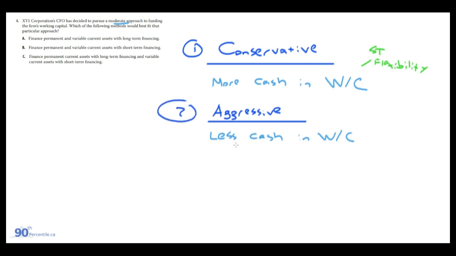On the opposite end of the spectrum, we have an aggressive approach, where a company holds the least amount of cash possible in working capital. So less cash on hand, less inventory, less accounts receivable, less AP. The whole idea is that the company reinvests everything right away in hopes of higher returns.